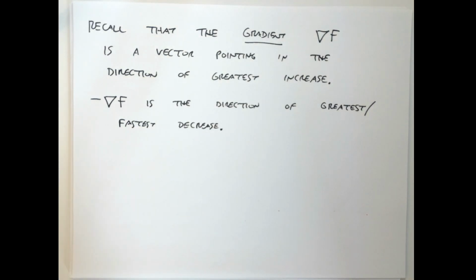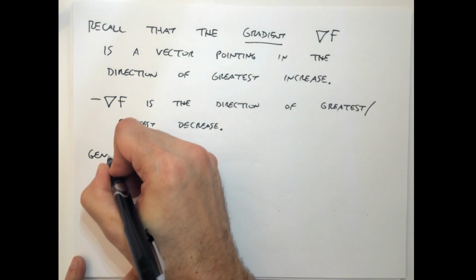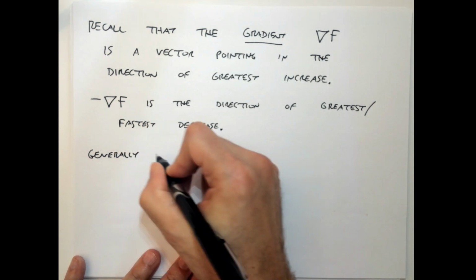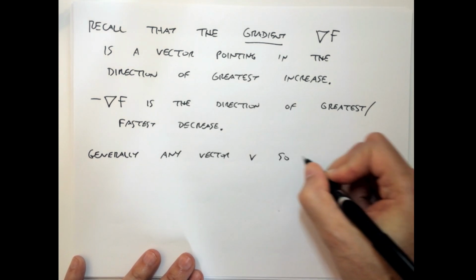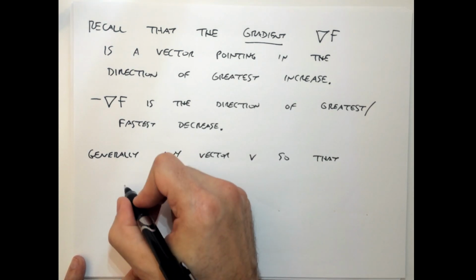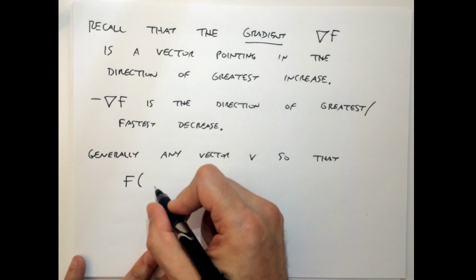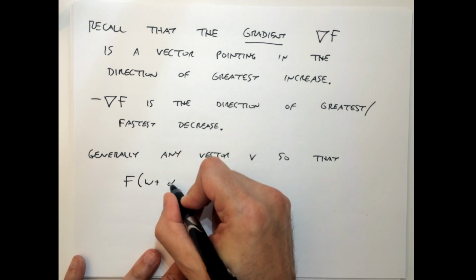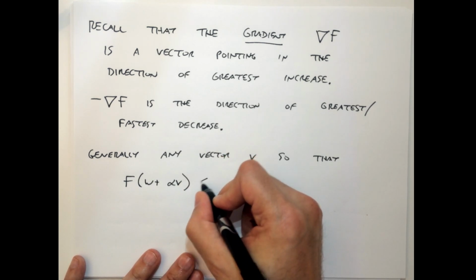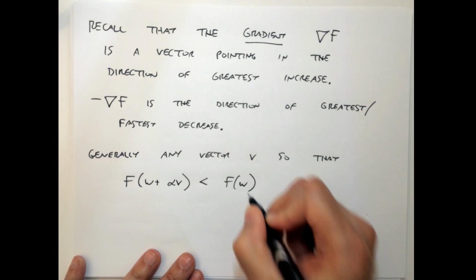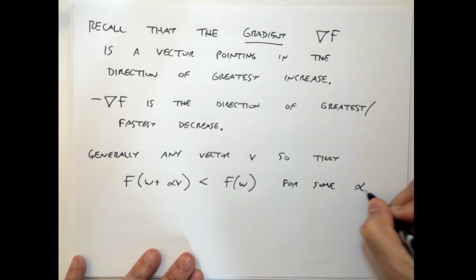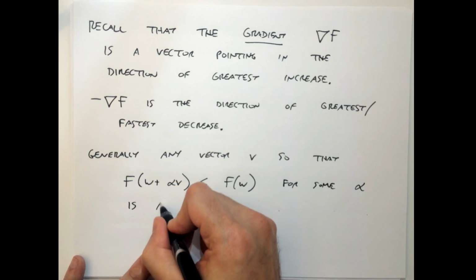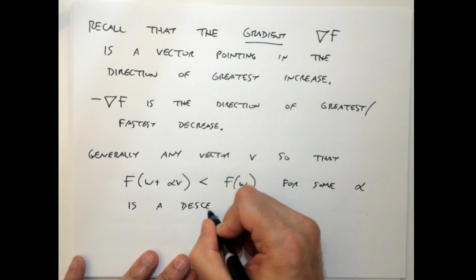In general, let's just say that any vector v, so that if I look at a given point, if I step a little bit in the direction of v, and that's less than where I was, for some alpha, is called the descent direction.